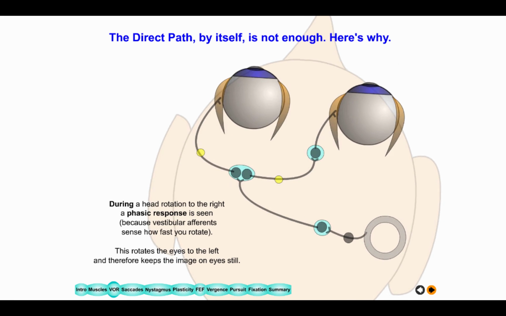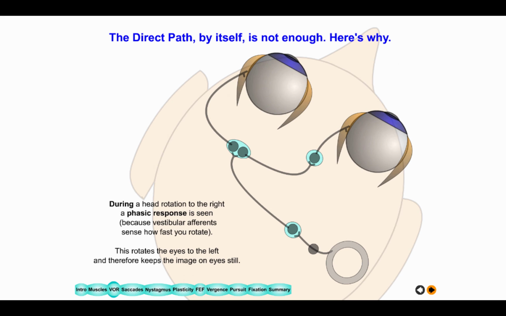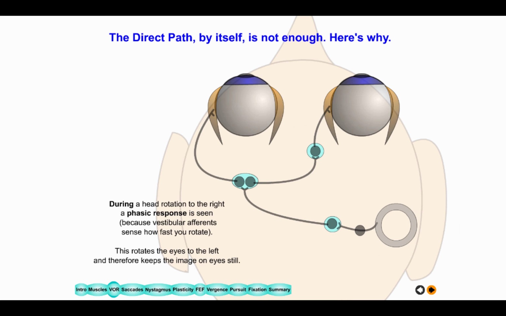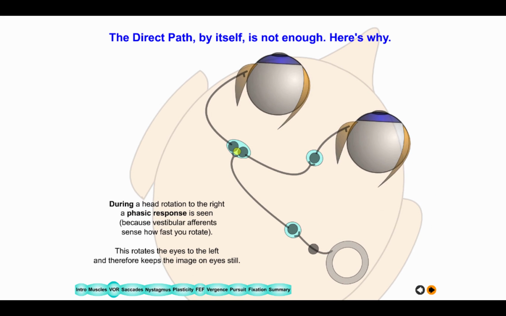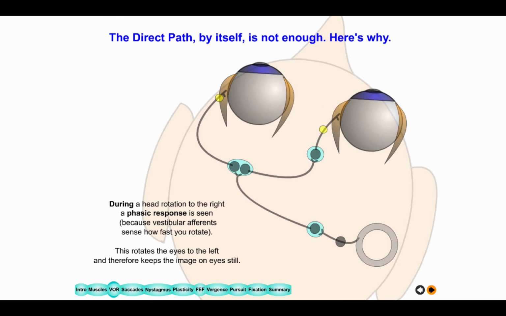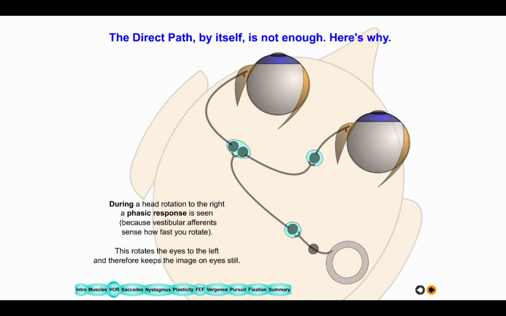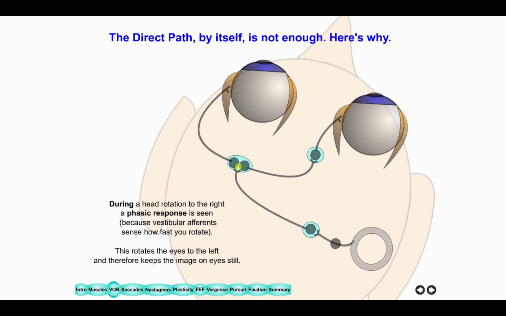And we can see here, as the head starts rotating, the eye muscles get contracted, and they turn the eye in the opposite direction. But notice that after the head turn is completed, there's no longer any extra activity coming from the vestibular nerve, okay?